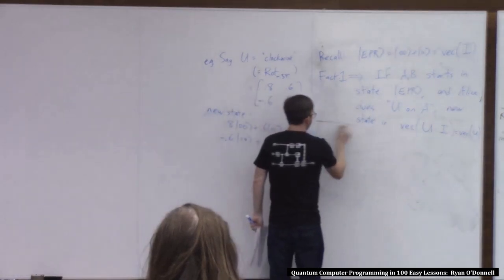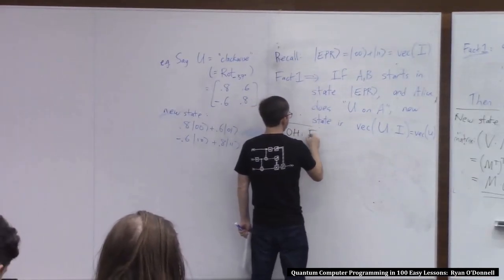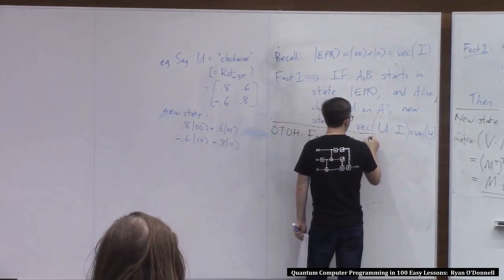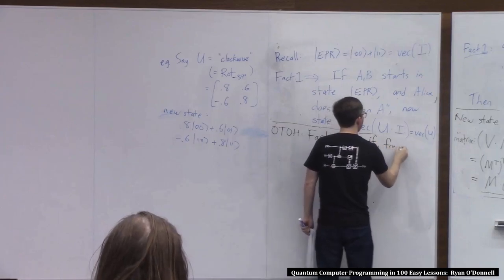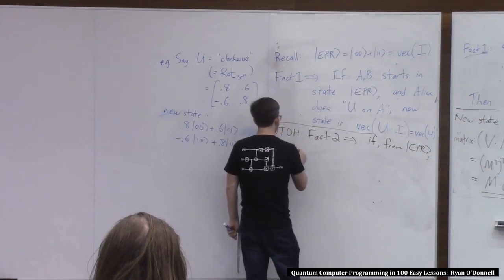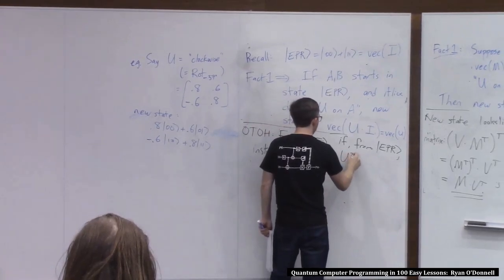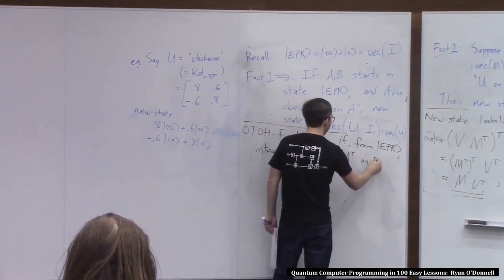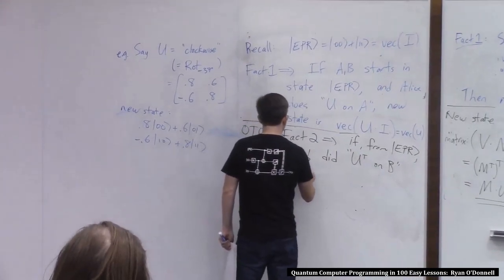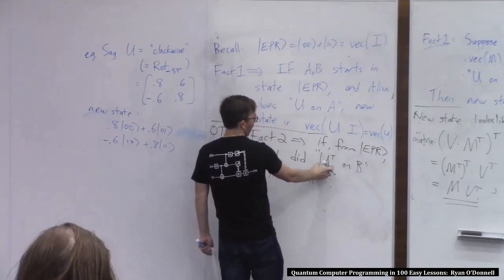Okay, but on the other hand, because I'm illustrating the cool fact here, fact 2 says that if starting from EPR, instead Bob did the undo of U, U transpose or dagger, on B, then the new state is the vec of, we multiply by the transpose of this.